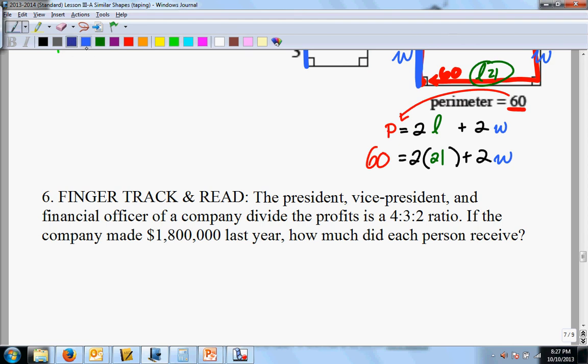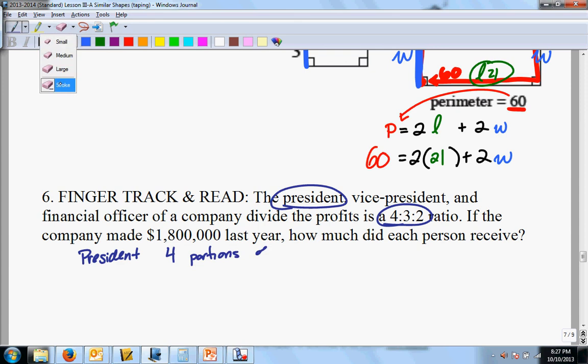Proportions are less intimidating if you just think of them as portions. So think of it this way. The president got 4 portions of something. We don't know what those portions are.